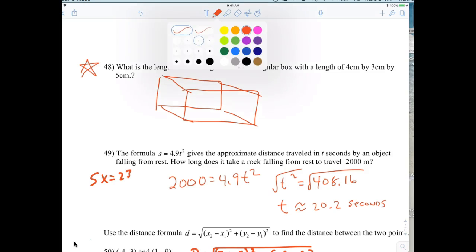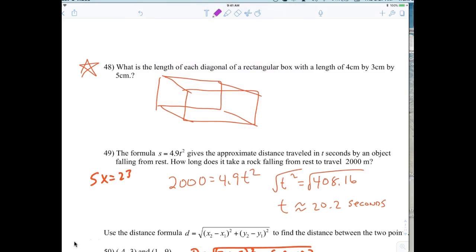They are interested in this length right here, from here to here. That is the diagonal that starts in the top back corner and goes to the front bottom corner. That's what they want you to look at.